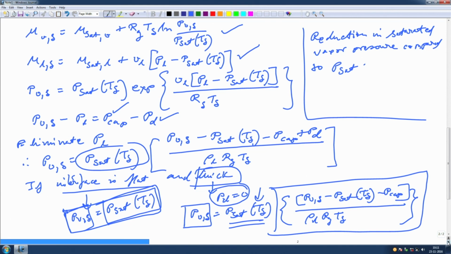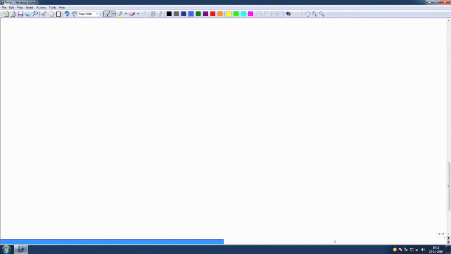Okay. Now, having done this, let us look at some of the interesting conservation laws that we wrote earlier.